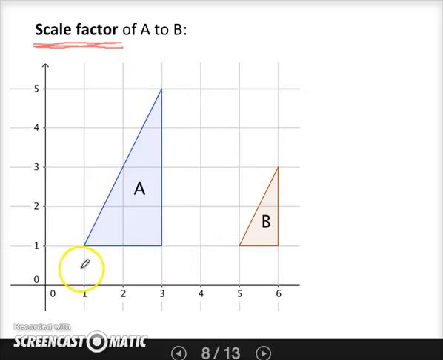And that's why we talk about having a scale factor of A to B. Let's just remind ourselves, in this case, A is the big and B is the small. So a scale factor of the big shape to the small shape has to be something less than 1 because we're shrinking triangle A down to be the size of triangle B.